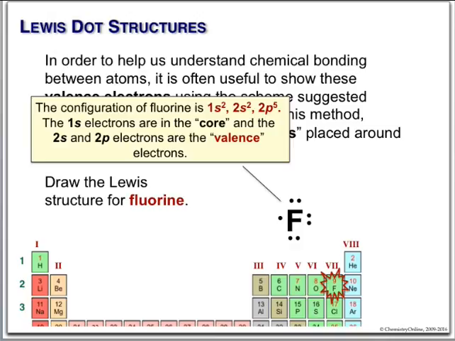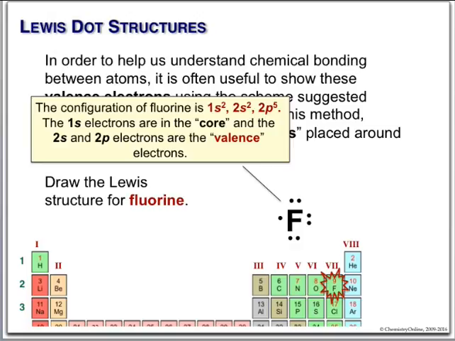Now, everybody wants to know, is this the way it has to look? Can my single electron be here, here, or here? Of course. It's simply bookkeeping. The only thing that's important is that we have 3 electrons that are paired and 1 that isn't.